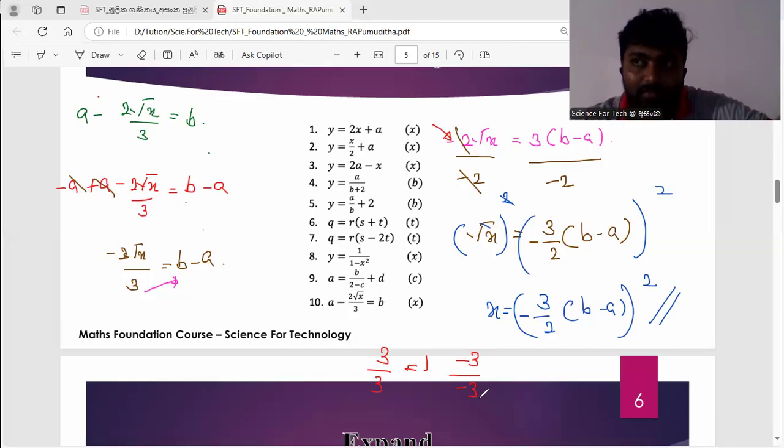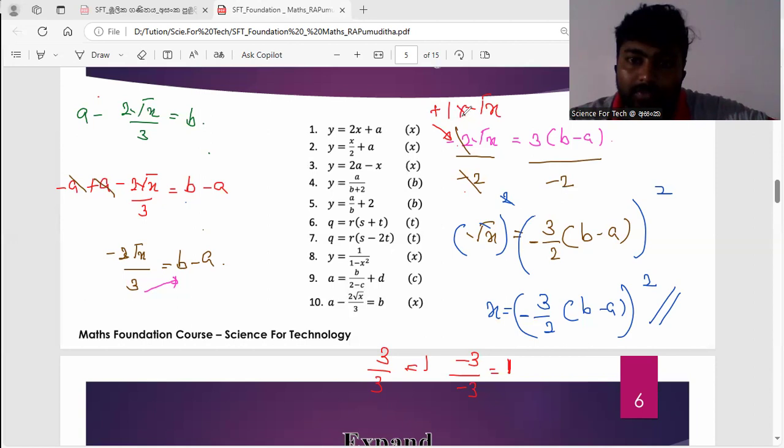No, actually it is plus 1, okay? When you multiply or divide minus sign by minus sign, it automatically becomes plus. So in here, when you divide minus 2 by minus 2, what is the answer? Plus 1.